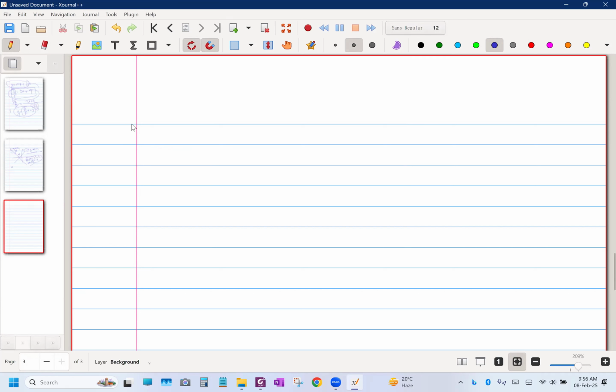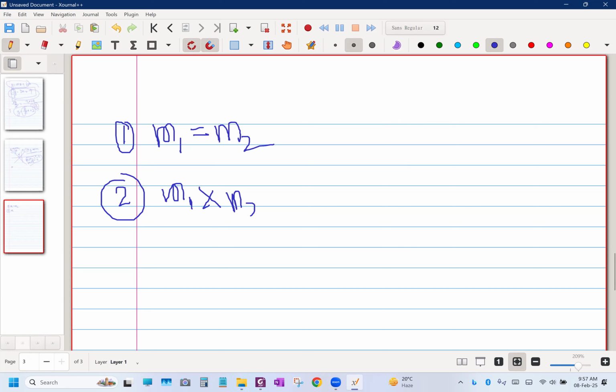So basically, we have four different cases. Consider m1 is the slope for a given straight line, and the same slope for another straight line. This is case number one. Case number two is m1 times m2 equals negative one.